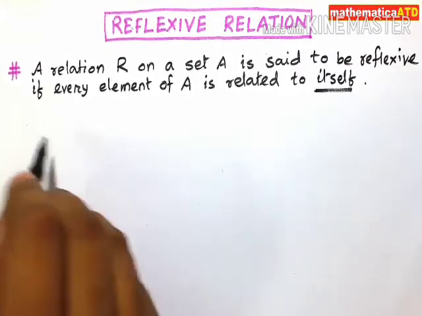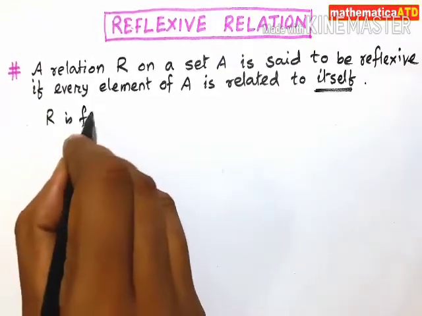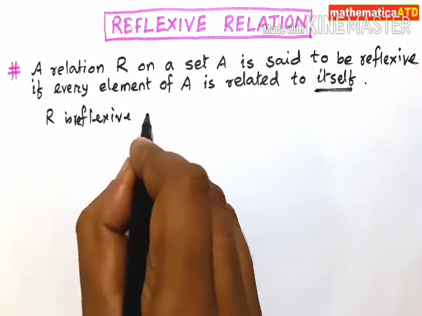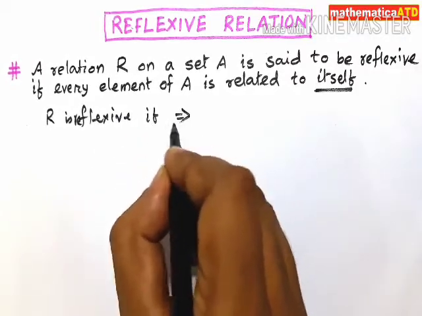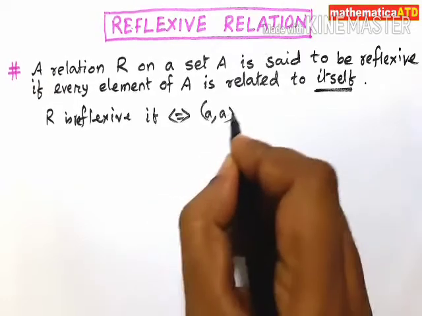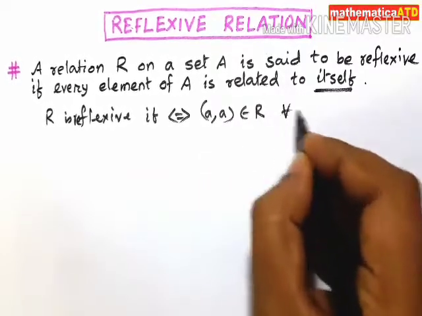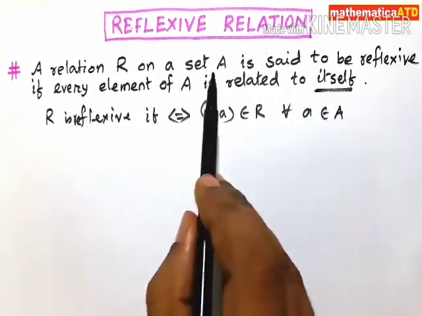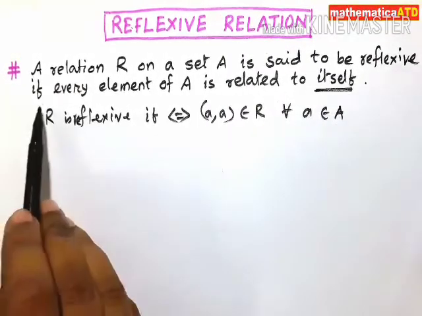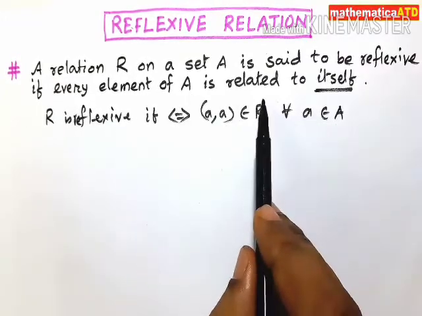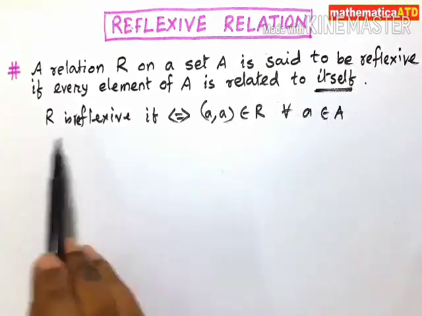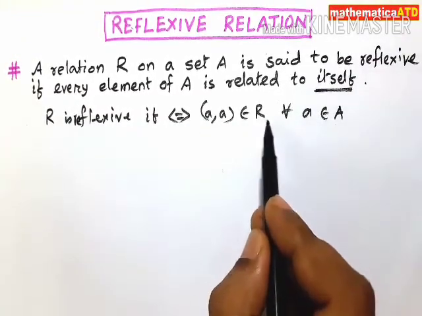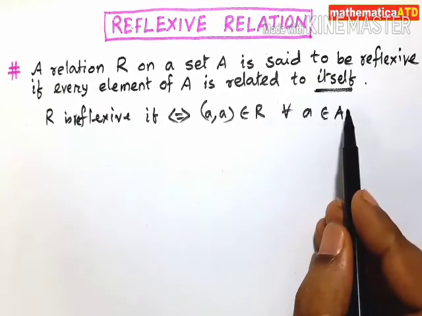That is, R is reflexive if (a, a) belongs to R for all a belonging to the set A. Again I repeat, a relation R on a set A is said to be reflexive if every element of A is related to itself. That is, R is reflexive if and only if (a, a) belongs to R for all a belonging to the set A.